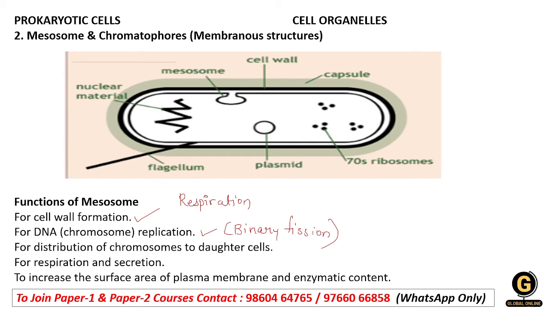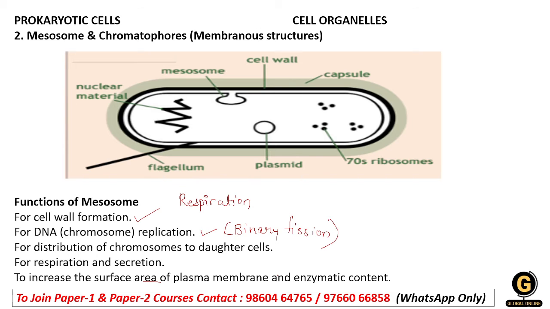So what are the functions of mesosome? It helps in cell wall formation, it helps in respiration, it helps in DNA replication. बरोबर आहे? And also to increase the surface area of the plasma membrane and the enzymatic content.